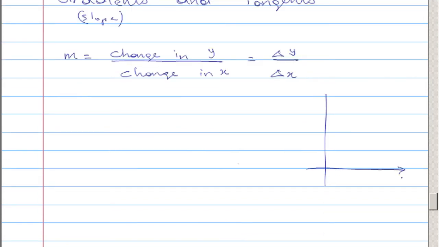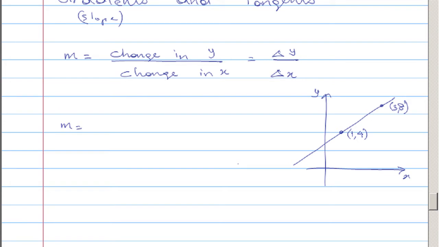So let's just say we are given a straight line with a couple of points. Let's say we have x and y axes and a line that goes like this. Let's say this point has coordinates 1, 4, and another point has coordinates x is equal to 3 and y is equal to 8. Now what's the gradient of this line? The gradient of this line would be the change in y.